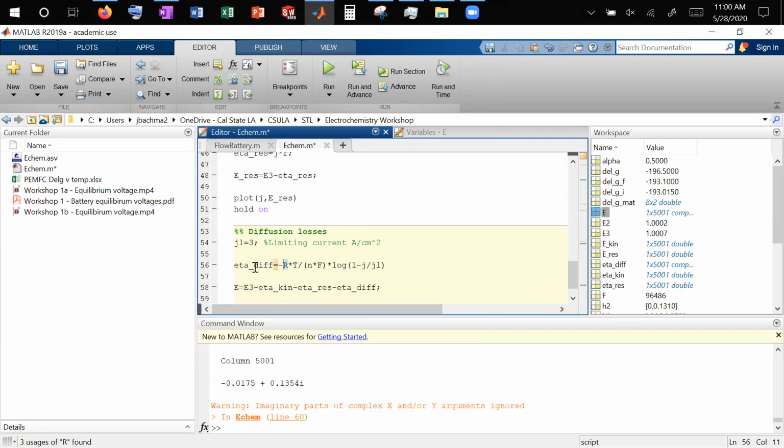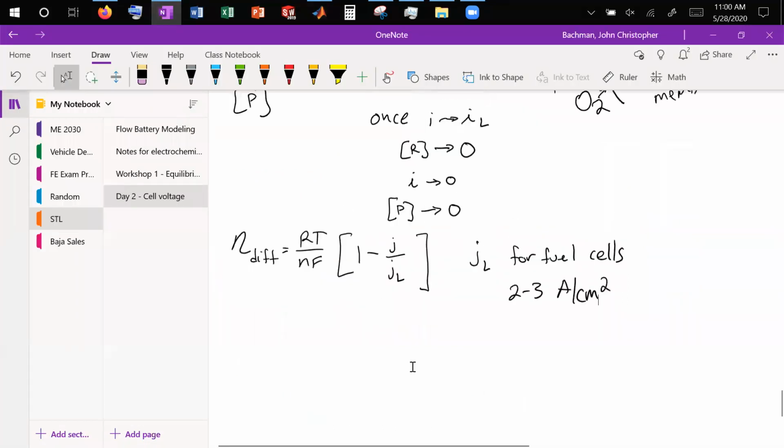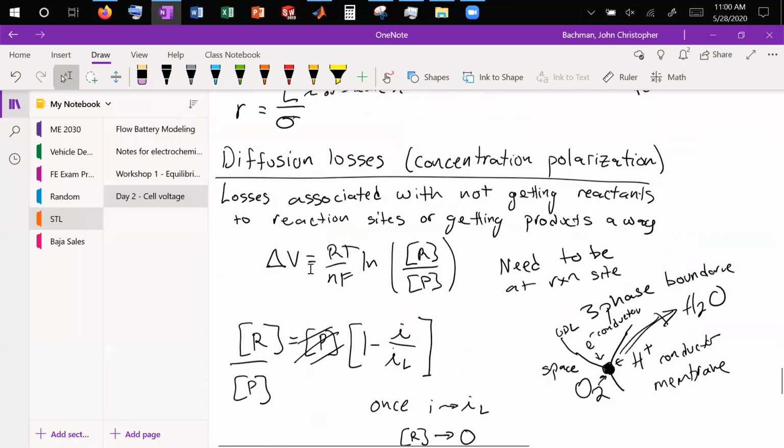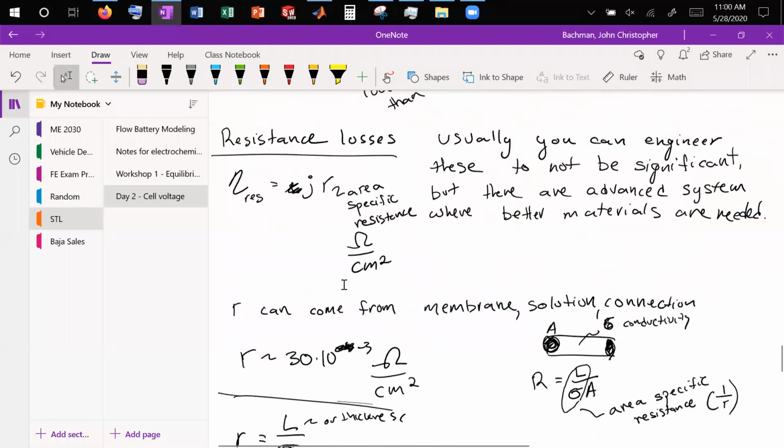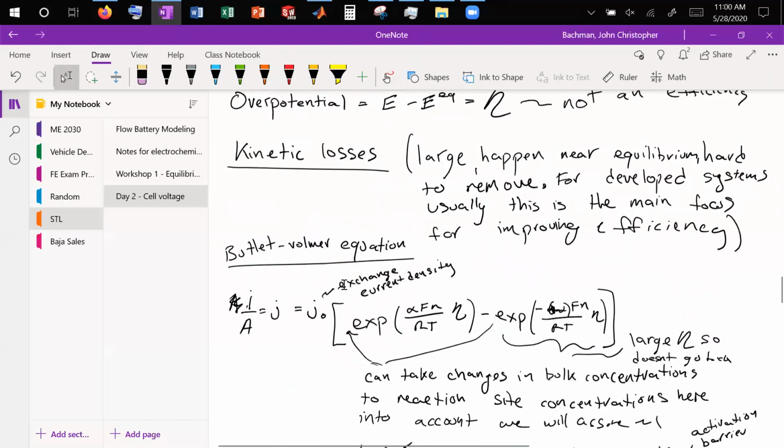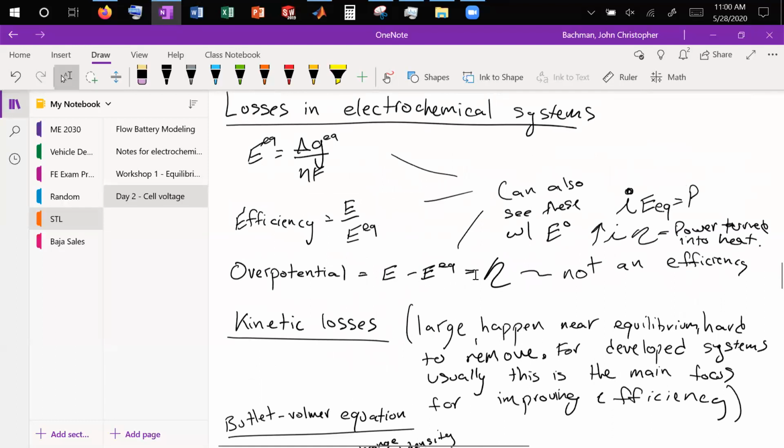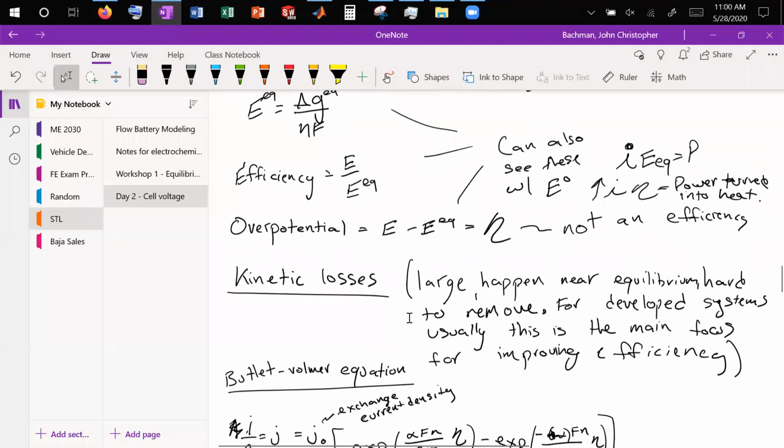The reason for the minus sign is that we've defined our overpotentials as E minus E equilibrium.